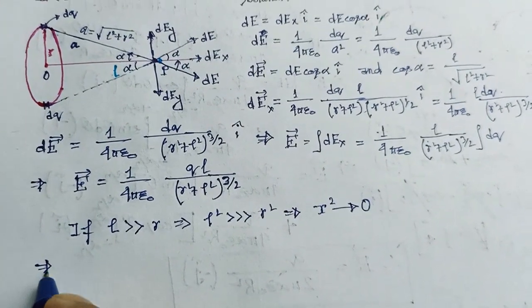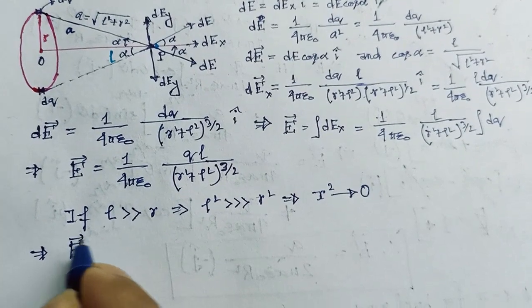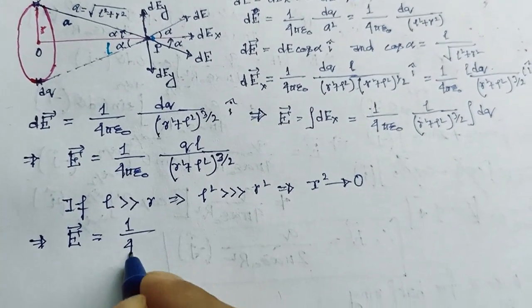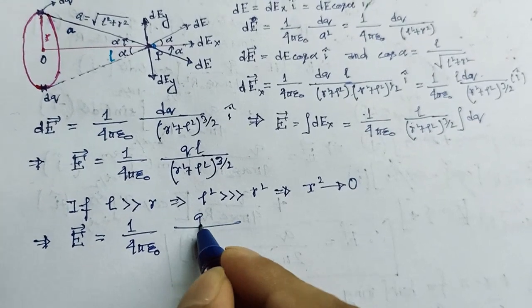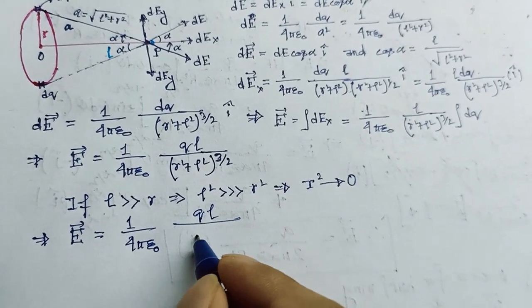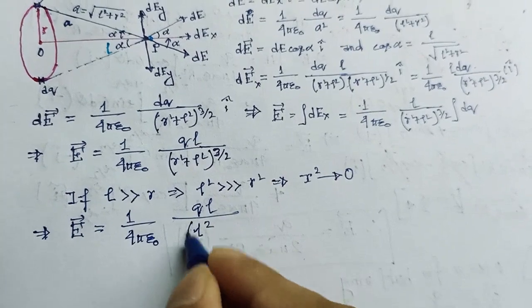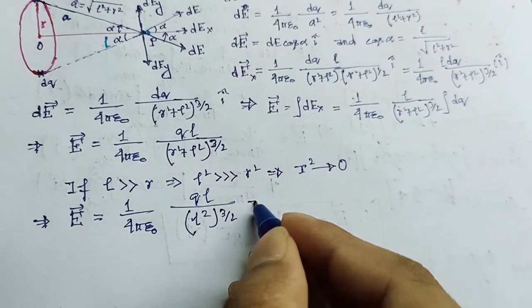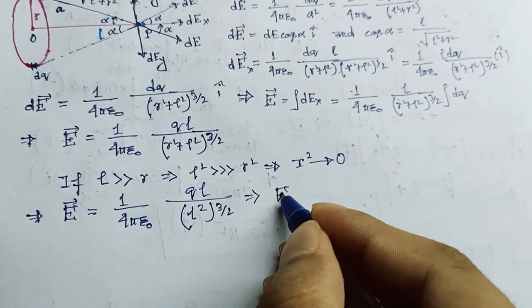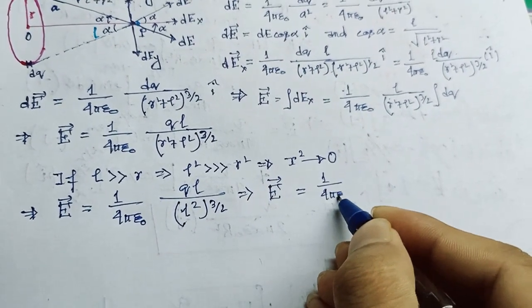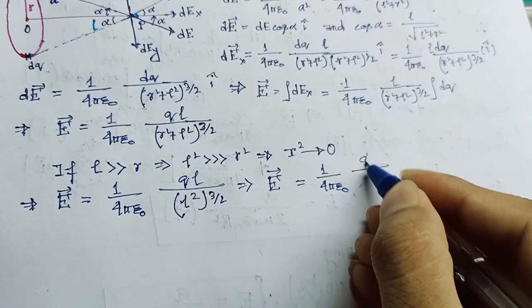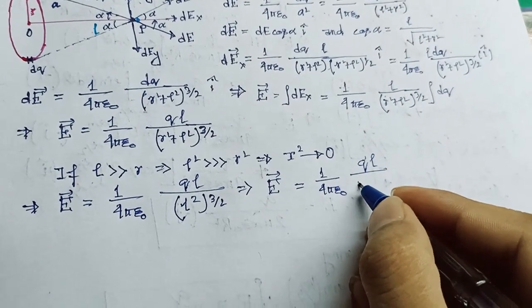If R square goes to 0, then our electric field E will be 1 divided by 4 pi epsilon naught into QL divided by L square to the power 3 by 2, which will be equal to 1 divided by 4 pi epsilon naught into QL divided by L cube.